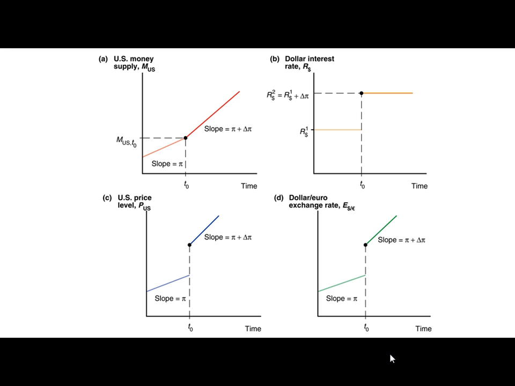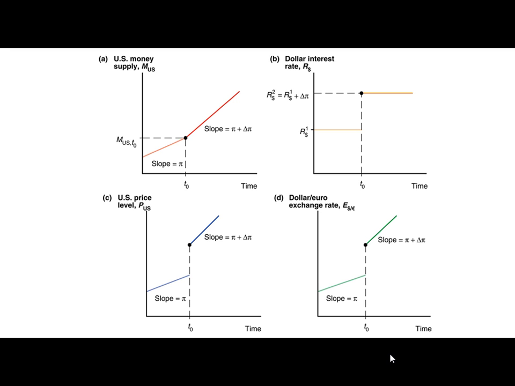Because there needs to be an equilibrium in the market, the money demand and supply will interact, and the prices will also jump up from pi to pi plus delta pi. You can see the slope there. That's exactly the same rate as the money supply increase. Under PPP, the exchange rate will also rise at the same slope. And if the exchange rate rises, that means the dollar depreciates.